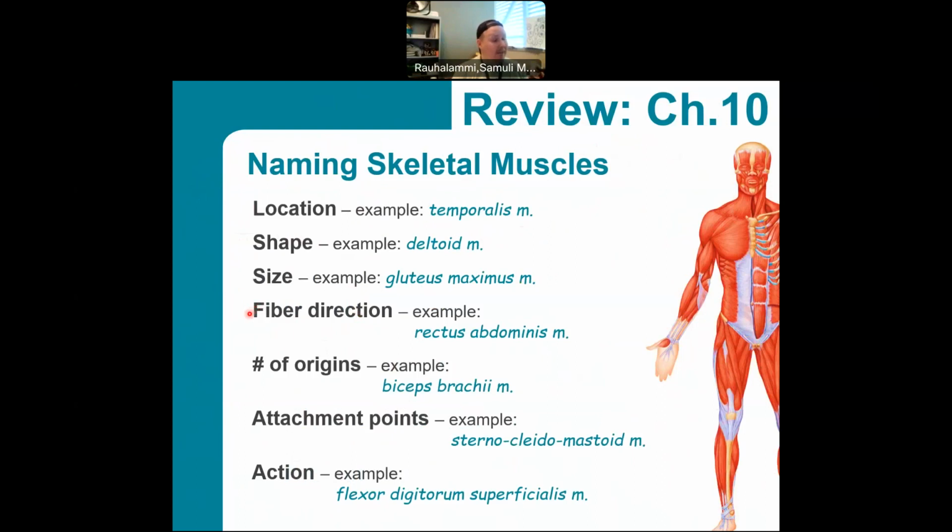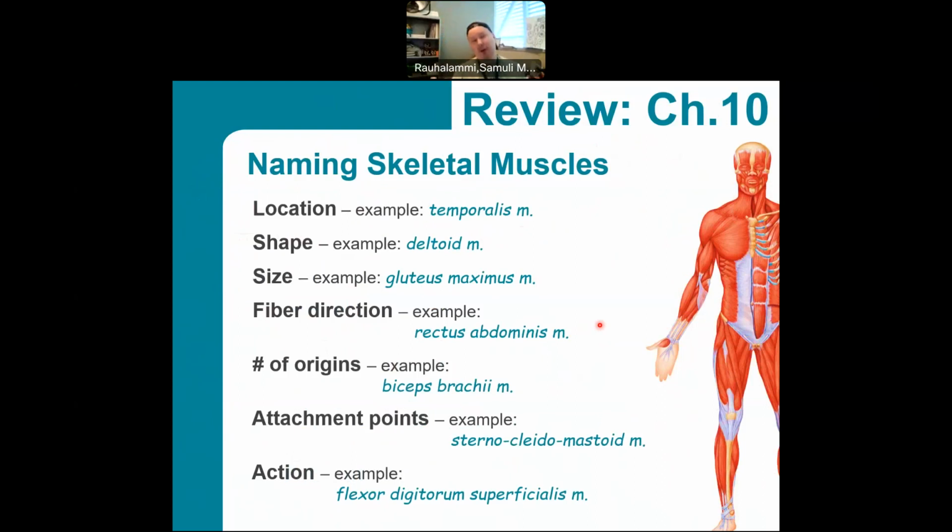When we're looking at muscle names, another thing that we sometimes see is the fiber direction of that muscle, so how fibers run within the muscle. A good example would be rectus abdominis. Rectus refers in the language of anatomy to fibers that run straight, so abdominal muscles where the fibers run in a straight direction would be our rectus abdominis.